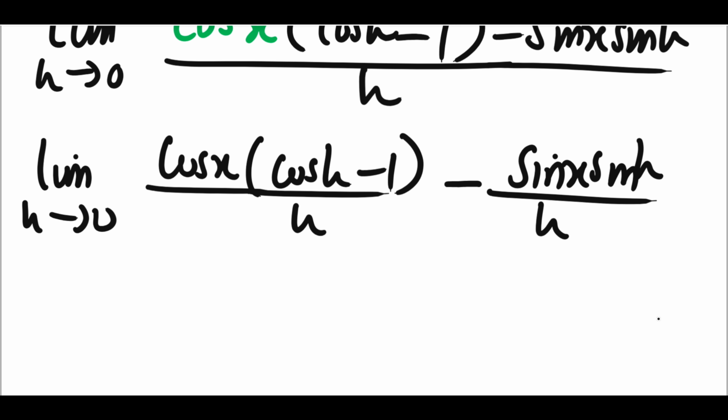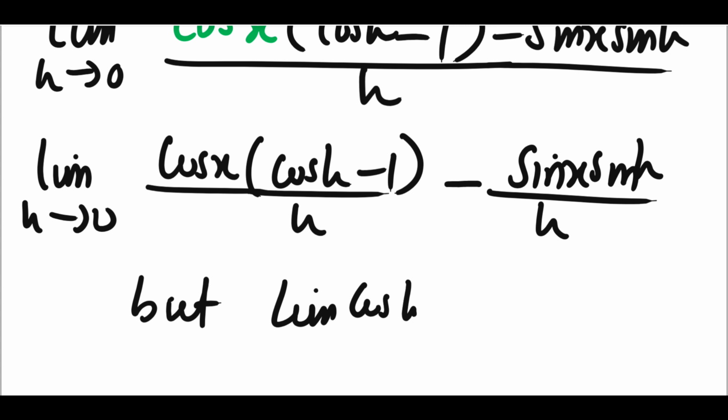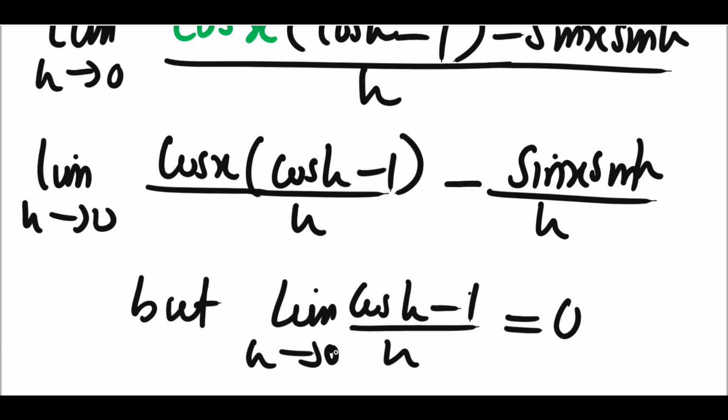When you take the limit of (cos h − 1) over h as h approaches 0, the answer is always 0.